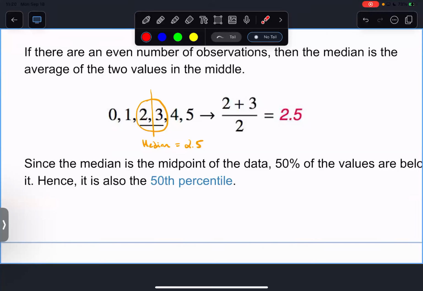They contributed to it, but neither of these is the median. The median is 2.5, so neither of those.